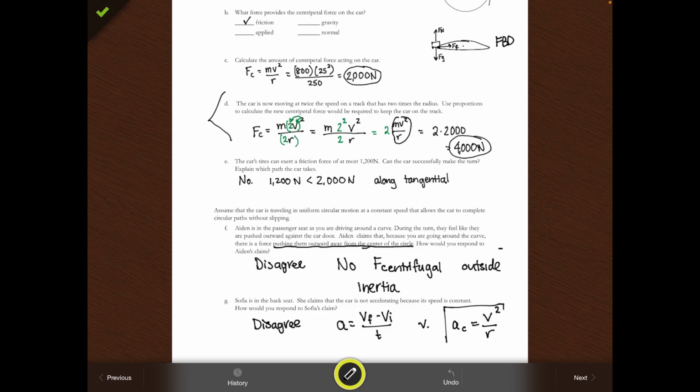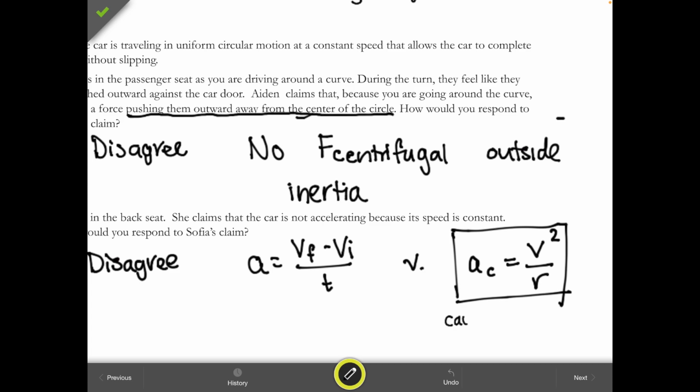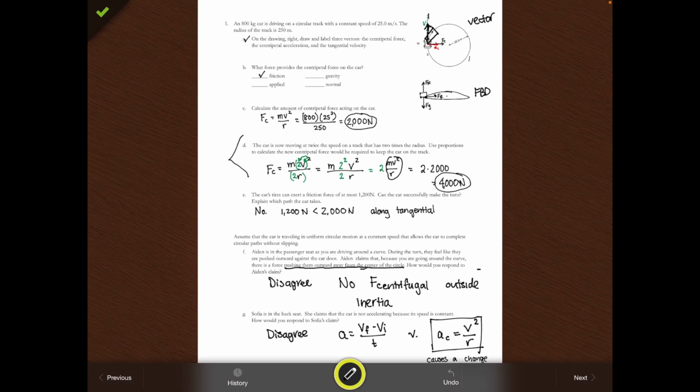This is the acceleration that causes a change in direction, even if the velocity magnitude is constant. It causes a change in direction because sometimes the car is going left, sometimes the car is going right, but that changes as the car travels. There is a centripetal acceleration even if the speed is constant.